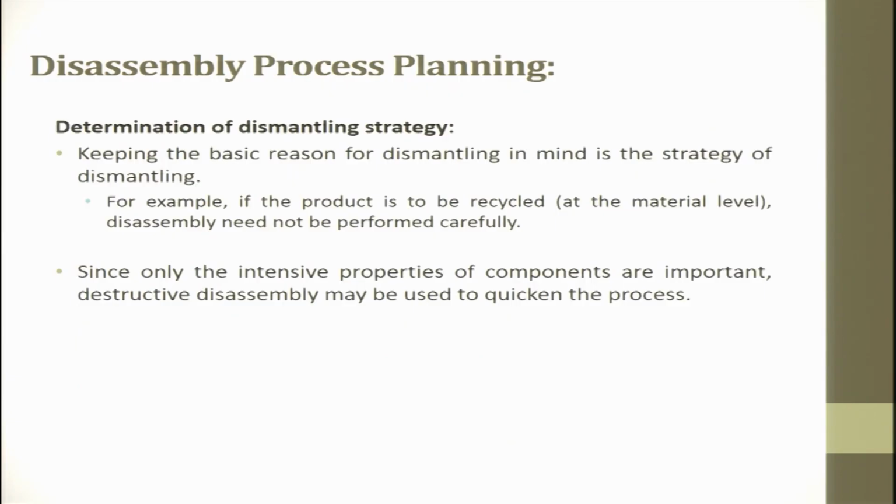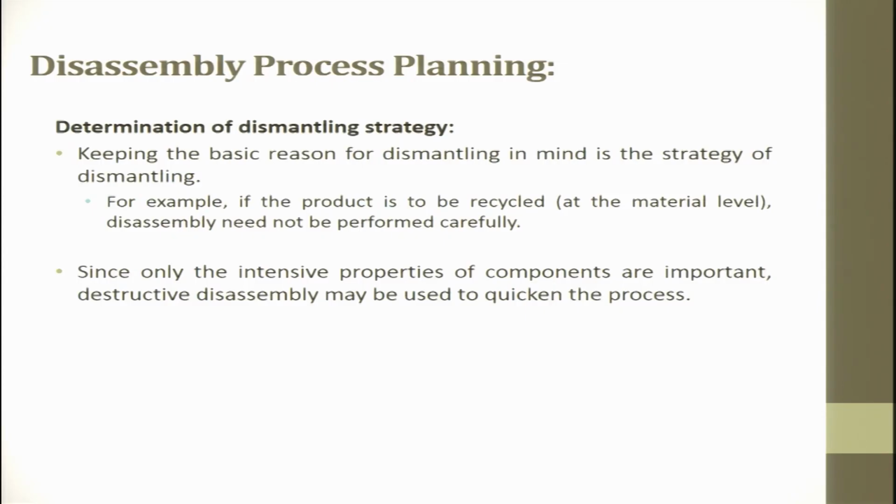Determination of dismantling strategy. Keeping the basic reason for dismantling in mind is the strategy of dismantling. For example, if the product is to be recycled at the material level, disassembly need not be performed carefully. For example, I am trying to completely take an iron hollow box, okay, and inside the hollow box I have a shaft and a gear.